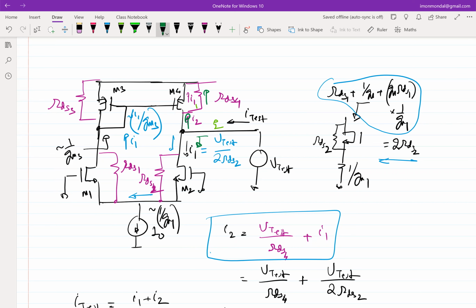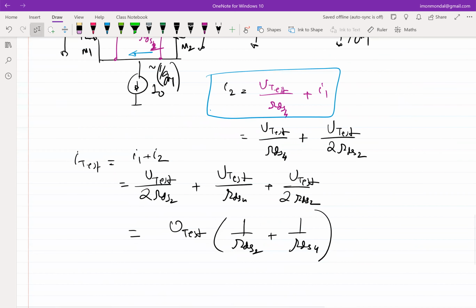So I2 includes one term of I1, because a part of the current that goes down also comes back from the top in the other direction because of the mirror. That's what is causing this. So 1 over RDS2 plus 1 over RDS4 is behaving like a parallel combination of RDS2 and RDS4.